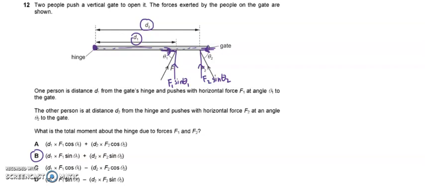So we are left with the vertical forces, F1 sin theta 1 and F2 sin theta 2. So this F1 sin theta 1 will produce an anti-clockwise moment, and the same also for F2 sin theta 2, it will produce an anti-clockwise moment. And the moment due to F1 sin theta 1 is multiplied by D1, the perpendicular distance, and the moment due to F2 sin theta 2 is multiplied by D2. So summing these two, it gives us the total moment due to F1 and F2.